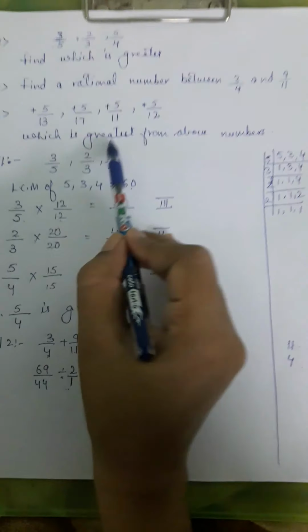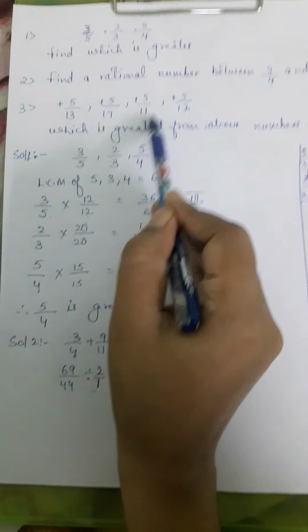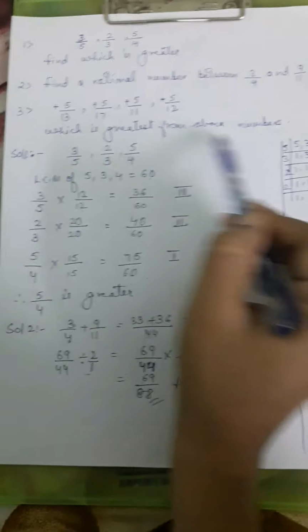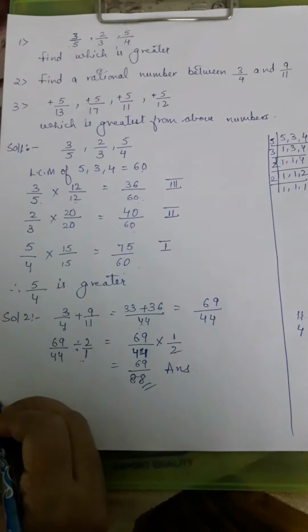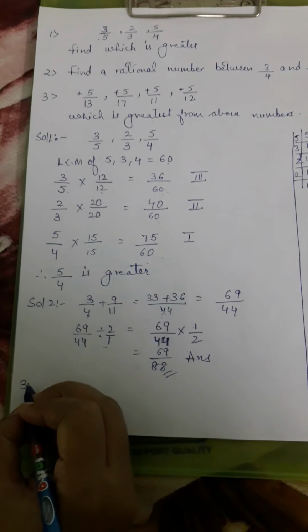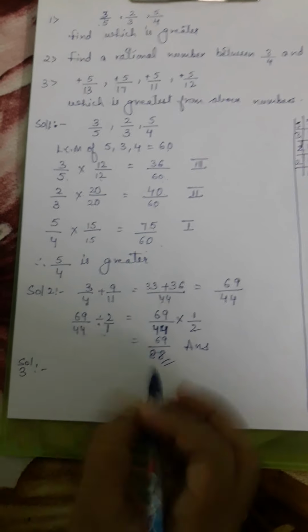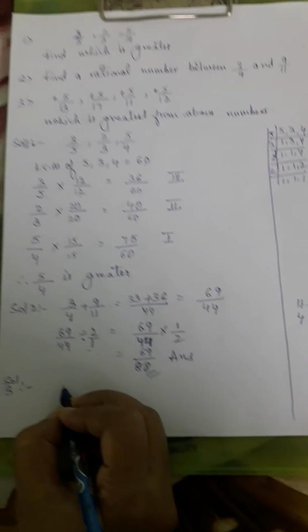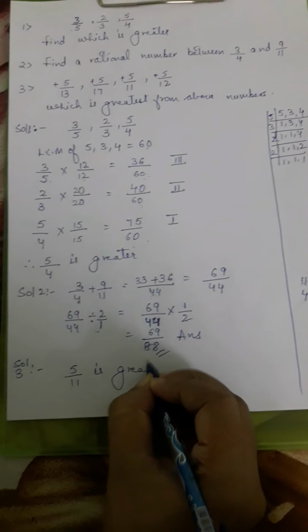So the question is, which is greatest? The one which has the smallest denominator. So 5 by 11 is the greatest from all these fractions. So the solution for the third answer is 5 by 11 is greatest.